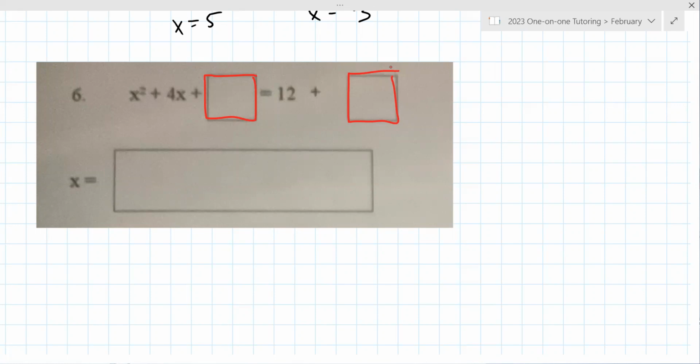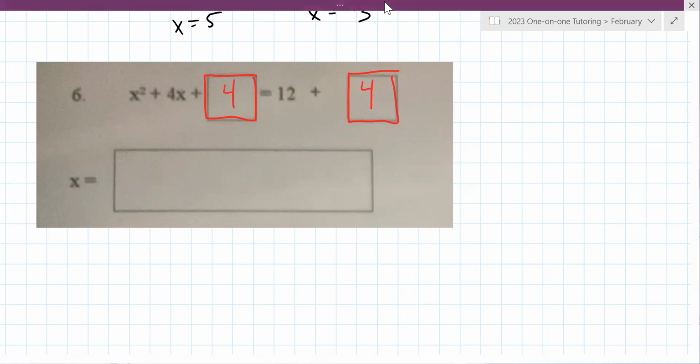Uh, 4. Okay, and then this other box is also 4.